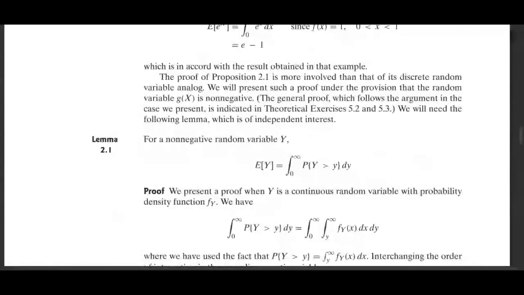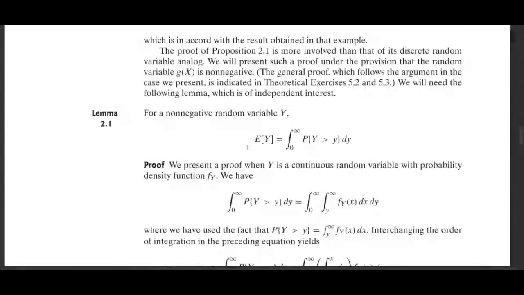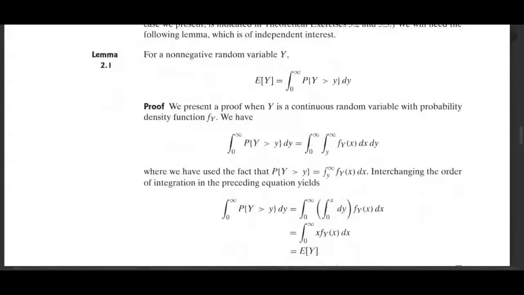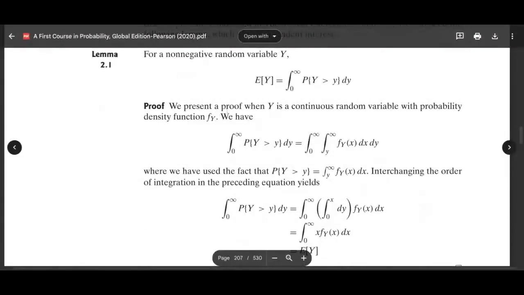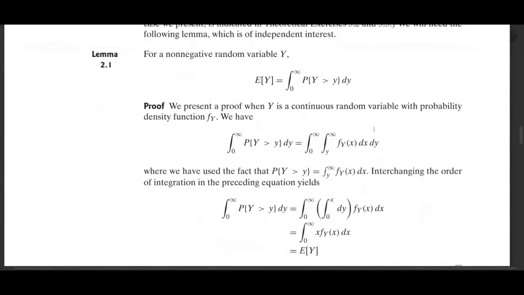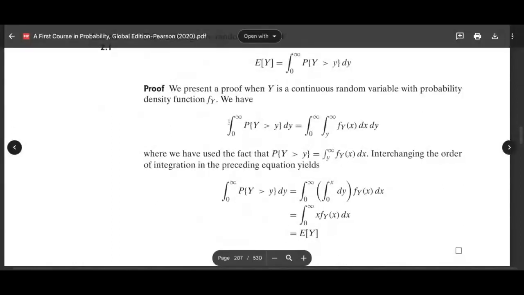Let's see this lemma. This lemma is saying for a non-negative random variable Y, the expected value of Y is the integral from 0 up to positive infinity of the probability that capital Y is greater than little y, dy. So let's see. We present a proof when Y is a continuous random variable with a probability density function.